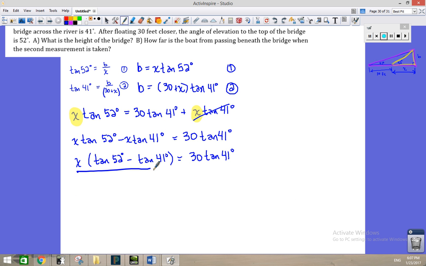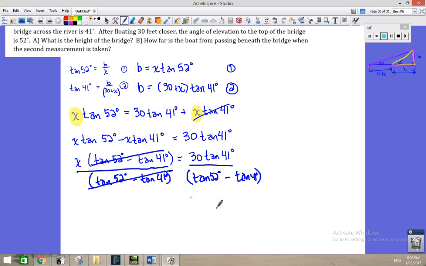Let's divide both sides of this equation by this tangent of 52 minus the tangent of 41. Now terms don't cancel.